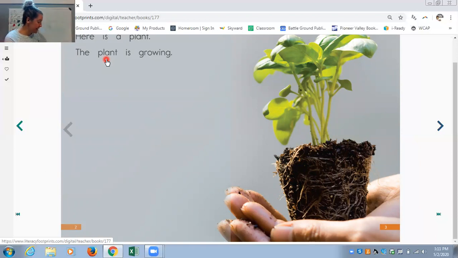Now, if I add my ending back on, I know that ing says ing, so I have growing. That is a strategy as you're reading: if you get stuck on a word, see if you can find smaller parts of that word that you might know and break it up into littler chunks, and then you can put those chunks together and see if you can figure that word out.